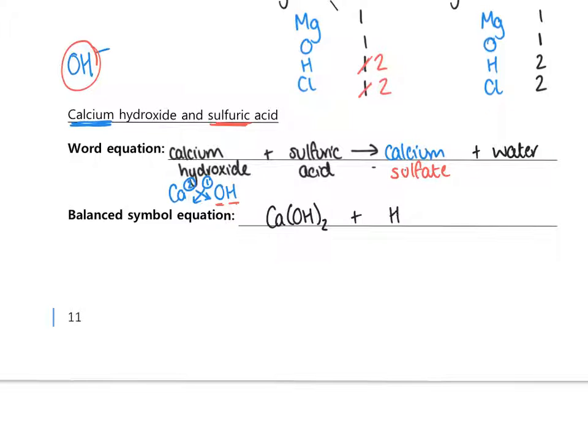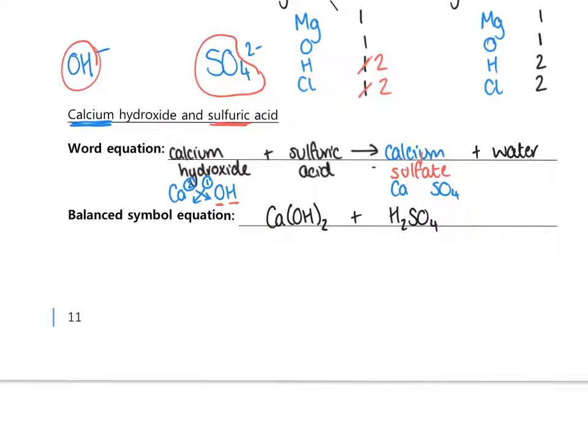Then we're using sulfuric acid, which is H2SO4. Calcium sulfate, I need to do my swap and drop again. I've got calcium, and then sulfate is SO4, 2-. So first thing, write down everything bar the charge, including that little number 4 at the end. So it's SO4. And then I look to my charge for my valency.